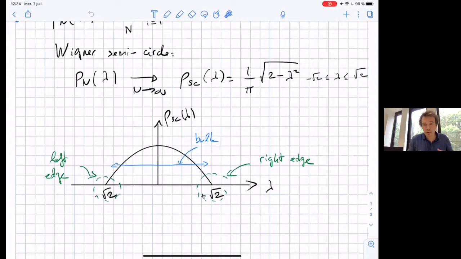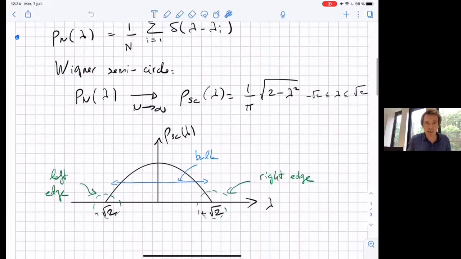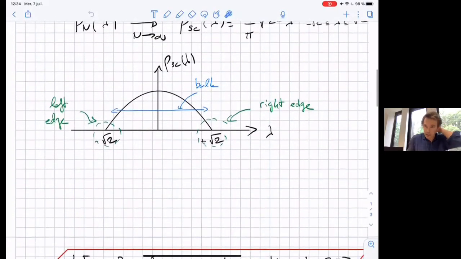And the second regime is really what happens close to the edge, and this is called the edge regime. Of course, there are two of them in this case by symmetry, the right edge and the left edge, but they behave in a similar way. And that's something that you have to keep in mind because we will come back to that later on. Okay, so those are the main messages that you have to have in mind right now.